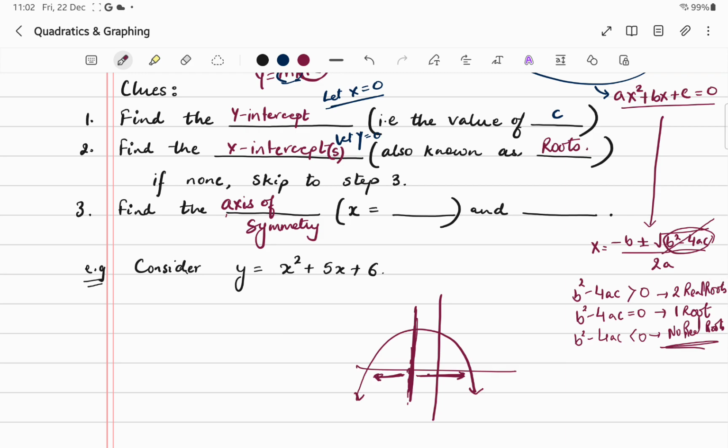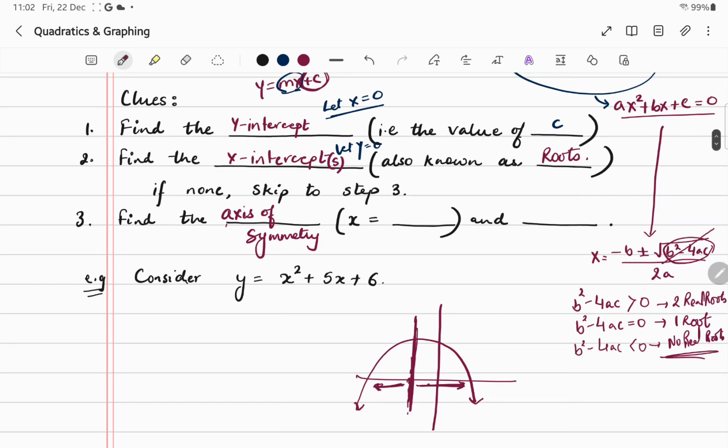At this point, if we go back to the formula we have here, x is equal to minus b plus or minus the square root of b squared minus 4ac, over 2a. That can be written as two fractions, minus b over 2a plus or minus the square root over 2a.